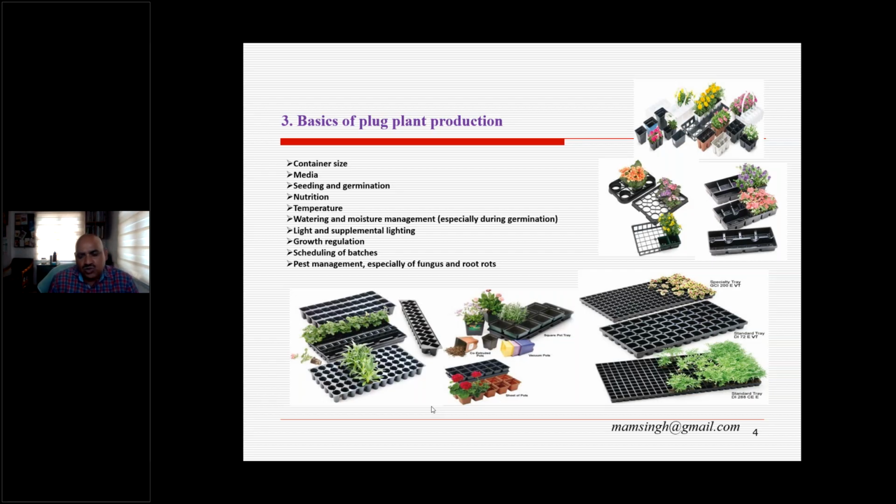And now root trainers are also coming up. If the seedlings will stay more than 3 months, 4 months or 5 months, then we can go up to 5.5 inch or 6 inch, or sometimes 8 to 16 centimeter deep root trainers, where we allow them to root deeper and have a stronger stem as well as roots before transplanting. In the case of several ornamental plants which are hard woody seedlings or saplings, they need to be grown for 3 to 6 months.